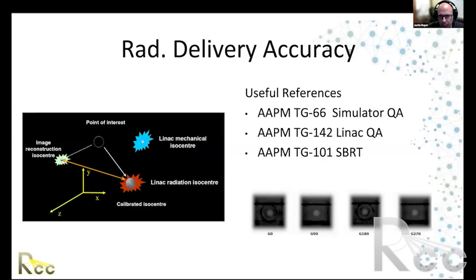And here are AAPM task group reports that can give that additional guidance in terms of the machine requirements for these different types of treatments, such that if you were to tighten down your field margins, you could have confidence in the machine being able to deliver that treatment safely without potentially missing the target.